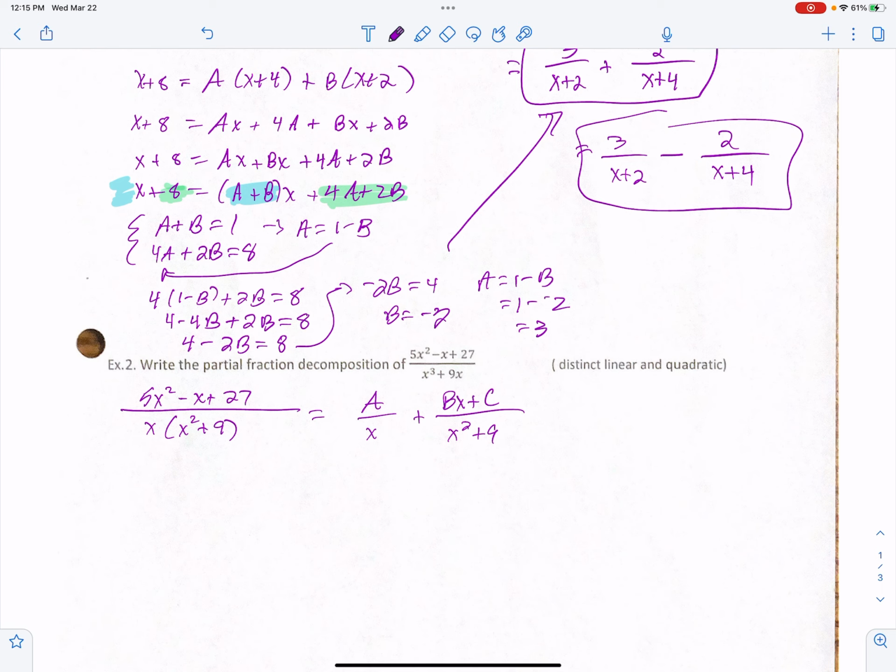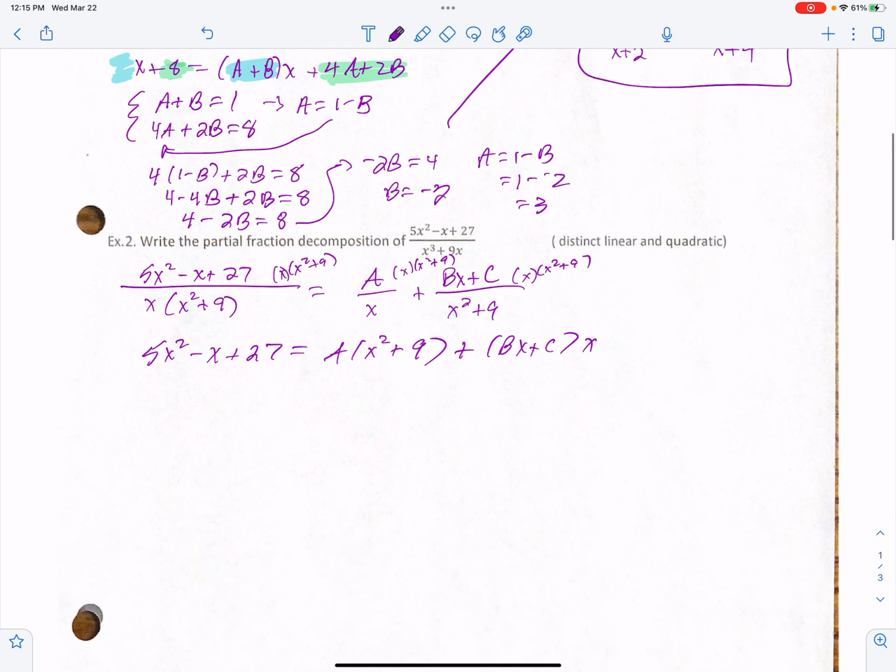Now, as I multiply every term on both sides by the overall LCD and clear out those fractions, this is what I'm ending up with.